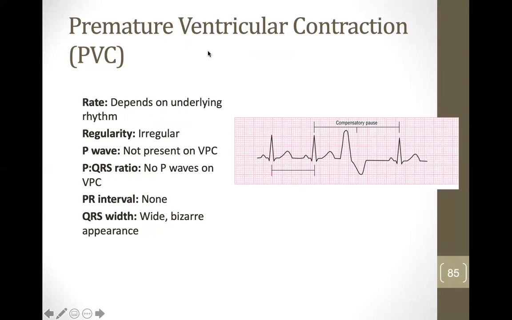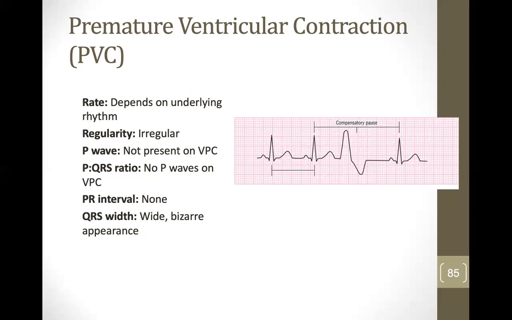This is called a premature ventricular contraction. It's premature in that it was coming before it was actually scheduled to fire. It results in a contraction, and it was coming from the ventricles. It's also known as a PVC. So the rate depends on whatever that underlying rhythm was.